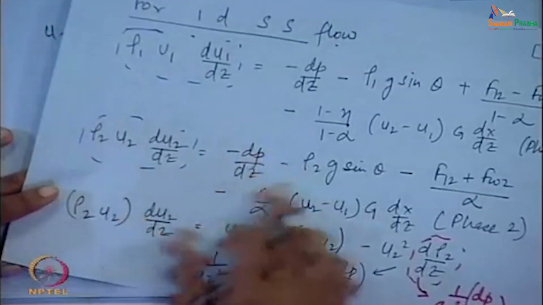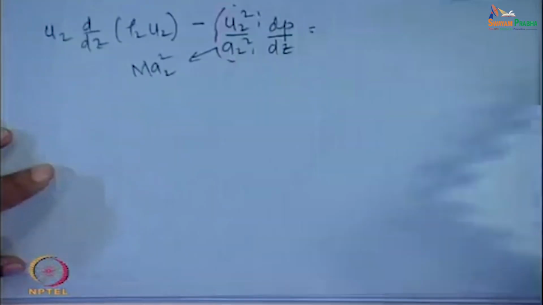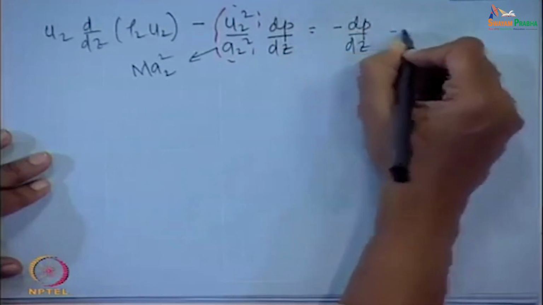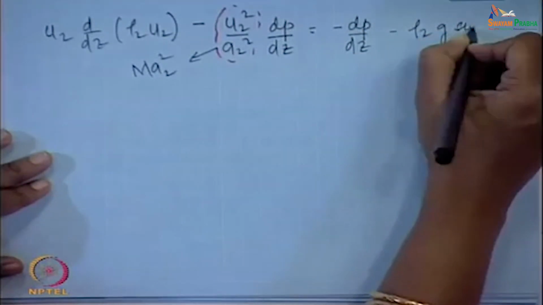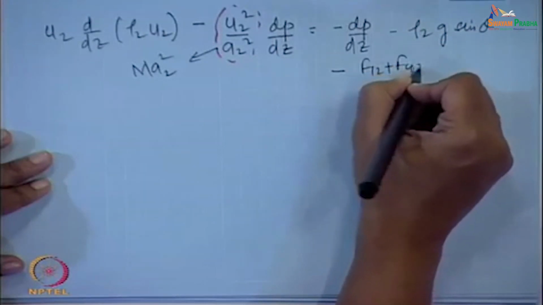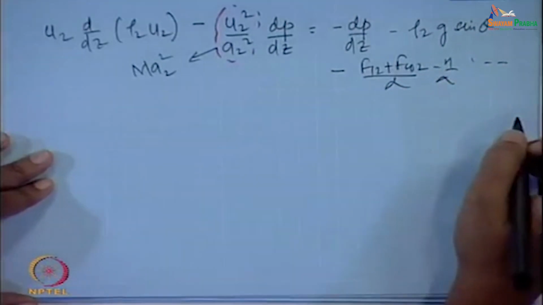This is equal to minus dp/dz into whatever the rest of the things that were written down. So this is equal to minus dp/dz minus rho2 g sin theta minus f12 plus fw2 by alpha minus eta by alpha and all those terms which are there.